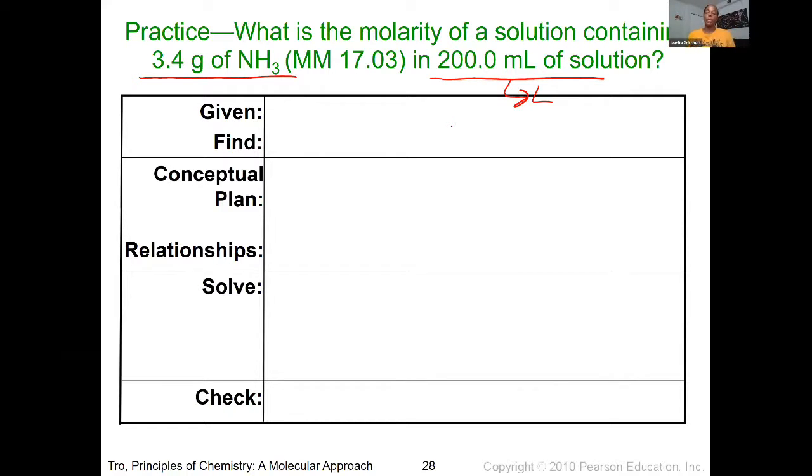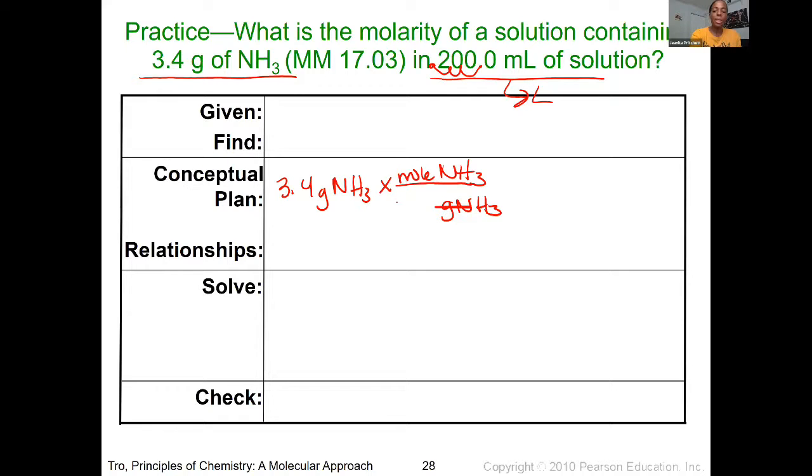And so if we quickly convert, you could set up the conversion factor, or you can move that decimal point 3 places as such to represent our volume in liters. We know for the molarity formula, we first would have to convert our grams, 3.4 grams of NH3, and we would want to get that to moles of NH3.